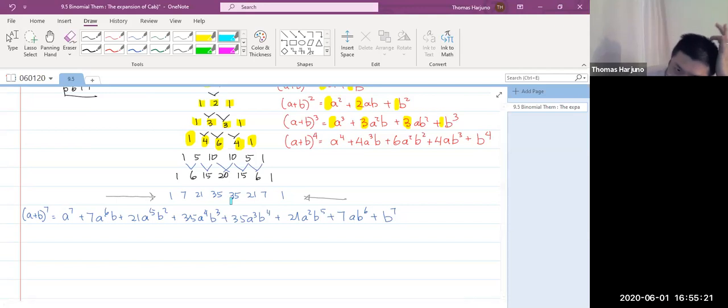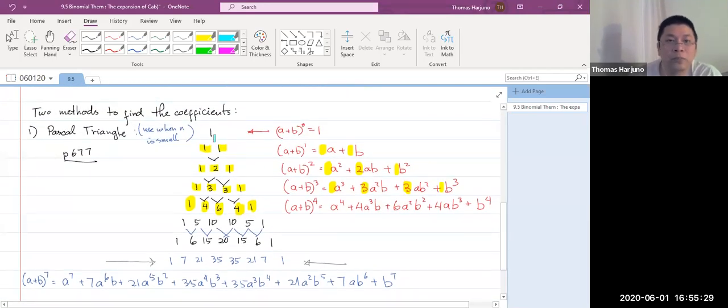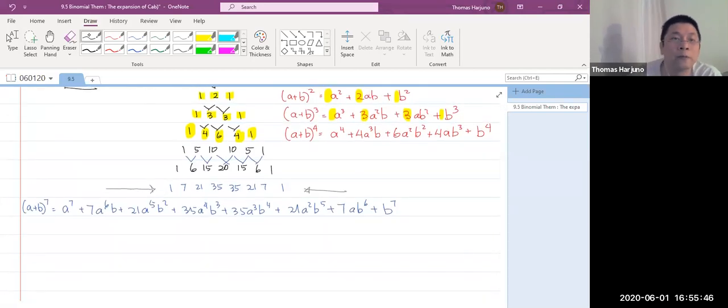I think even if it is degree 10, I will not use Pascal triangle anymore. I teach you how to build this Pascal triangle because in my opinion, it's a lot faster for smaller numbers, let's say up to 5 or 6. But when n is larger, then we will use another method.